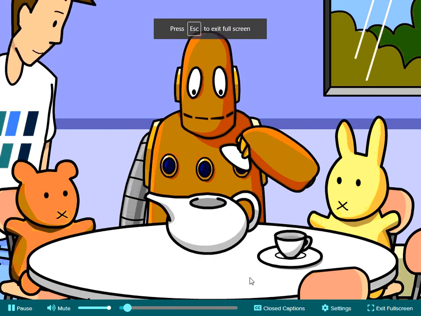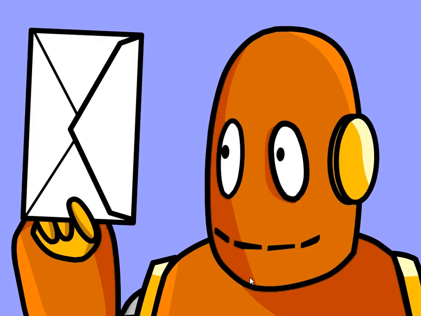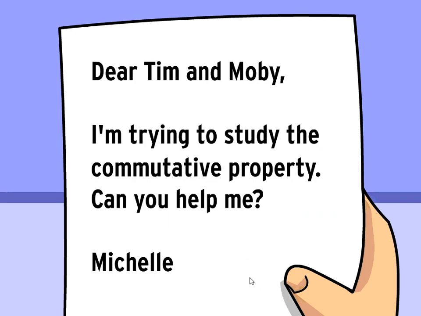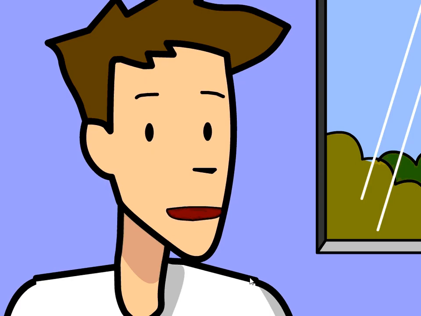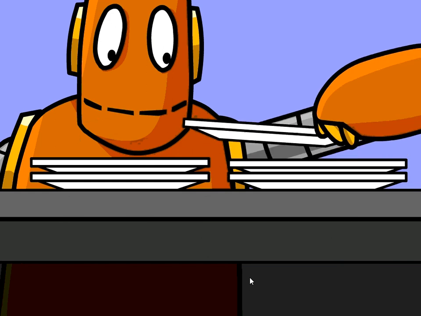Hey, Moby, what you doing? Dear Tim and Moby, I'm going to study the commutative property. Can you help me? From Michelle. Sure, the commutative property is a rule about how we can add and multiply things together. For example, 2 plates plus 3 plates equals 5 plates.